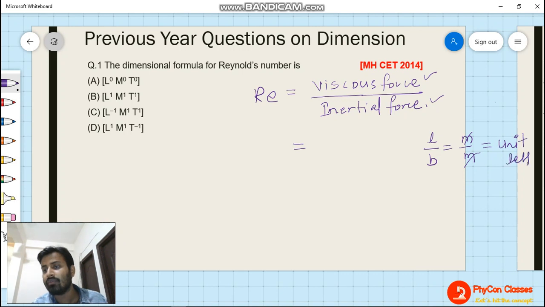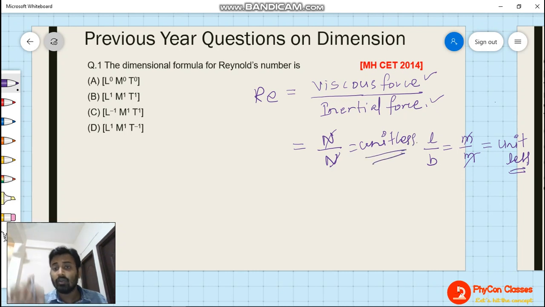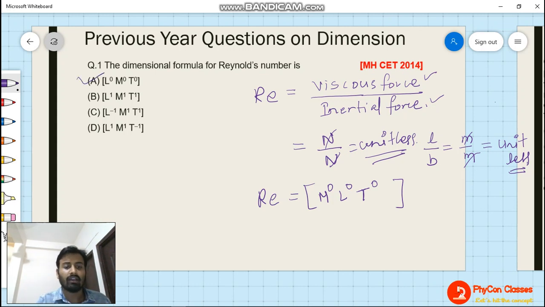Similarly, force has a unit of Newton divided by Newton. Newton gets cancelled. So this is a unitless quantity. The Reynolds number dimension will be M to the power 0, L to the power 0, T to the power 0. Understand? So the correct answer will be option A.